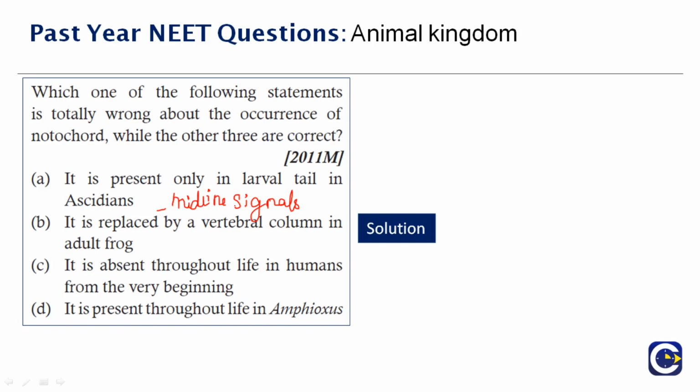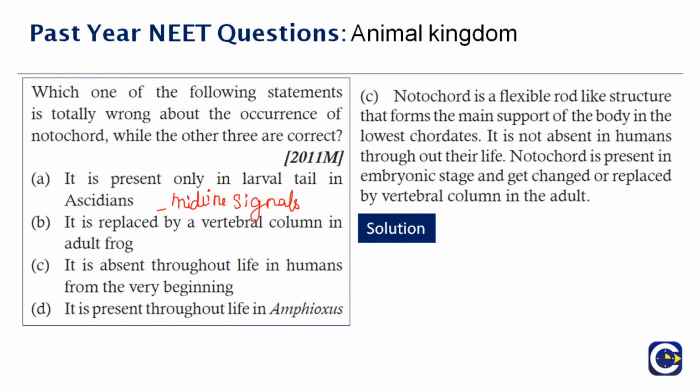Notochord is present in the embryonic stage and gets replaced by a much more advanced system. Therefore the wrong statement is option C. We all have notochords, but only during the embryonic stage; later on it gets replaced by the vertebral column in adults. Therefore the correct answer is option C.